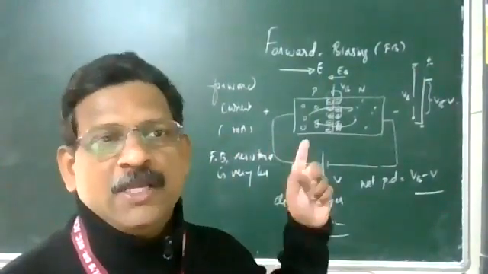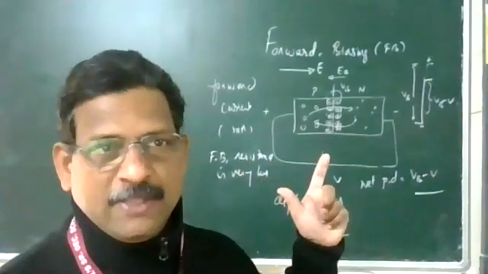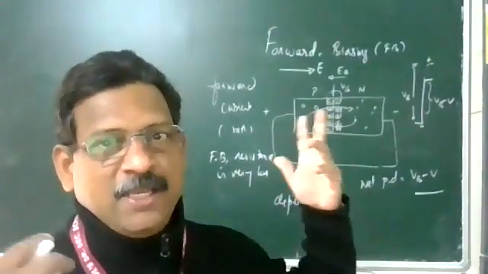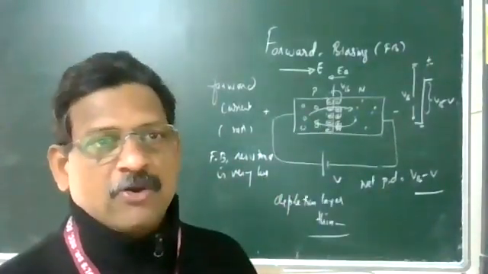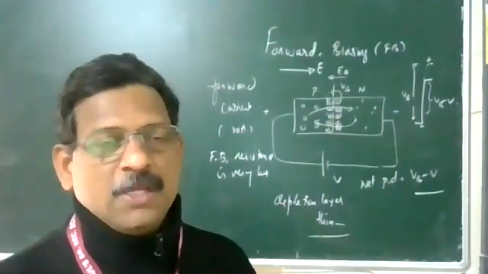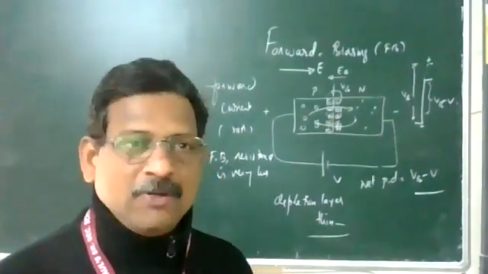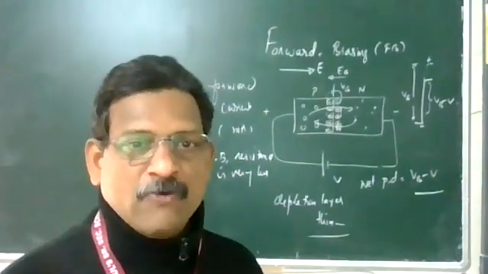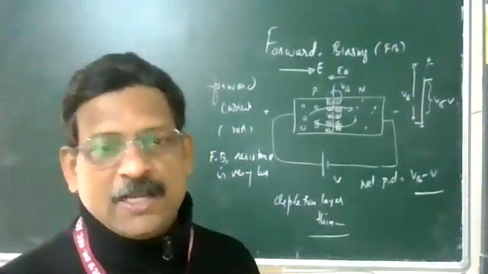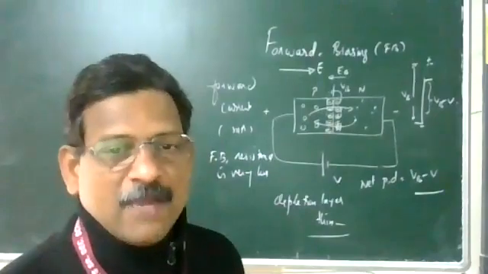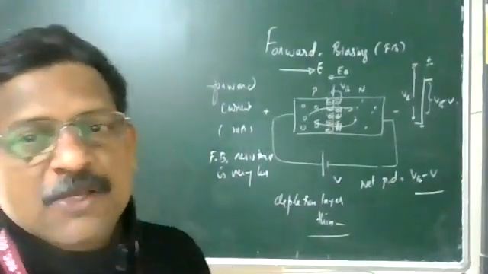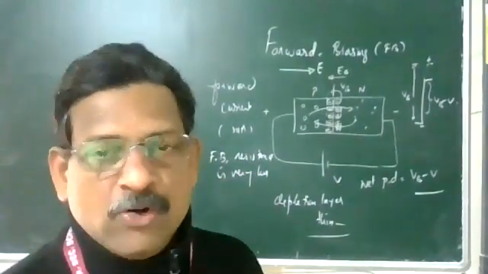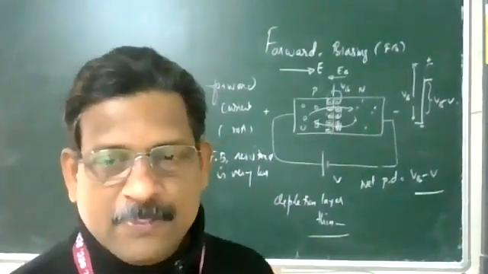They are getting energy, they are getting help. Majority carriers cross the junction and produce a good current in the PN junction circuit. That current is called the forward current. The resistance is very small, and the forward resistance of the diode is very small during forward biasing. These are very important points.